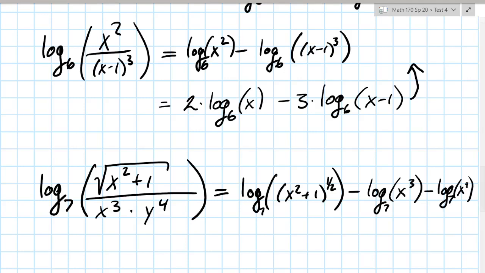Now, something I want to point out, which a lot of people get wrong, is this sign here. Notice in the original problem, both of these come from the denominator of the fraction. So both of them have subtraction here.